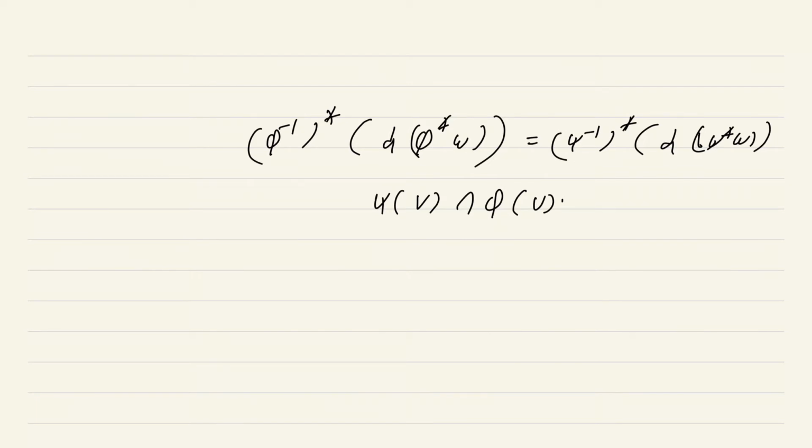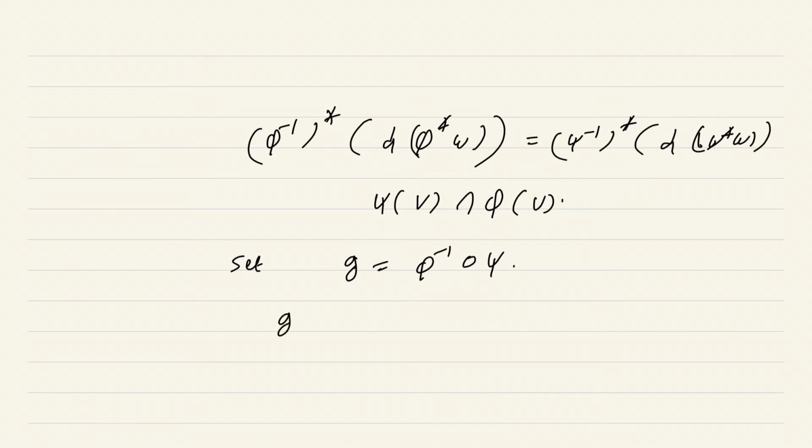But we have a nice property of pullback and the derivative operator. It is that they commute at least on open sets. So what you do is you set G to be phi inverse composed with psi. And again, I'm not going to write down what the domain of definition of this function is. It should be self-evident to you and you should write it down when you take your notes what exactly the domain of G is. Now in the previous video we saw that pullbacks and derivatives behave very nicely.